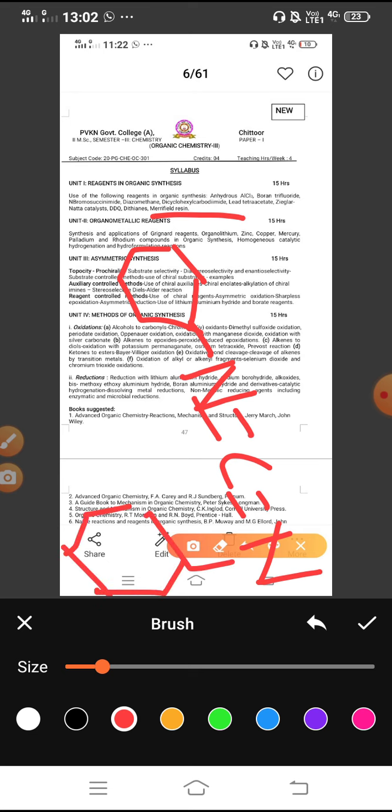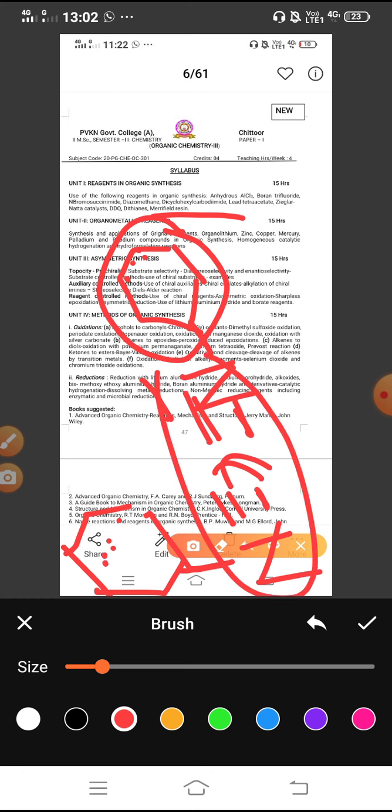This is DCC, dicyclohexyl. Why is it a carbodiimide?